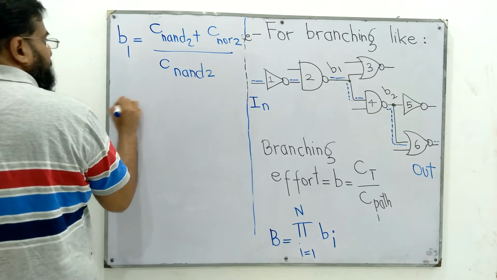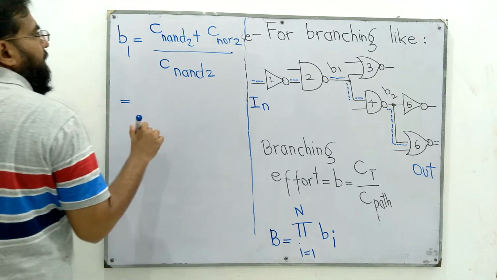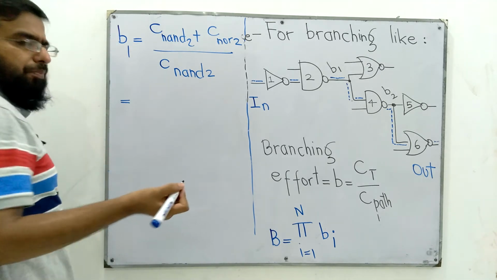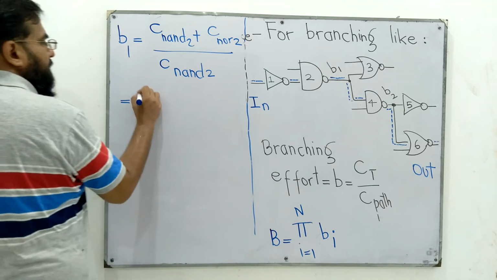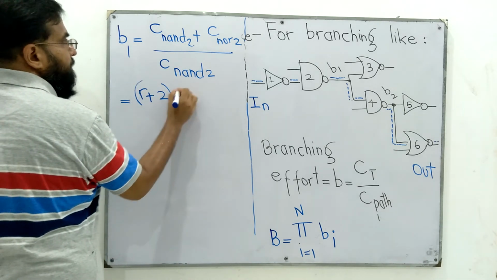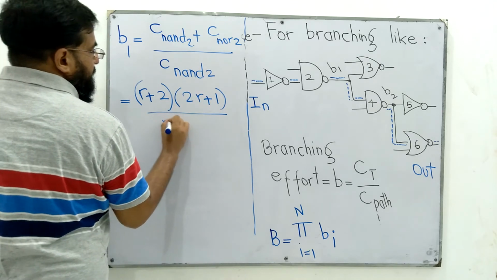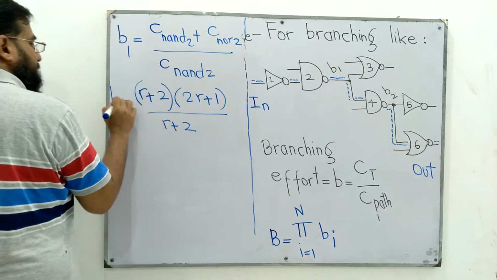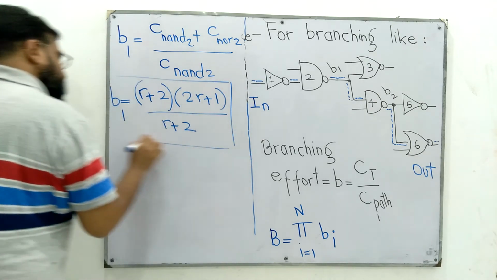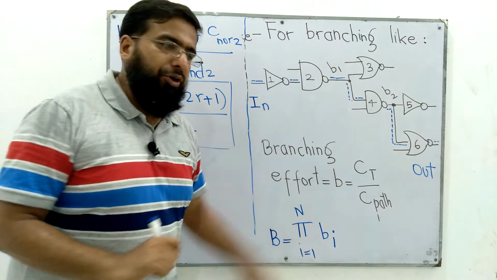We know that for NAND 2, the input capacitance we have computed in previous lectures, this is R plus 2. For NOR 2, this is 2R plus 1. For NAND 2, this is R plus 2. So this is the branching effort for node 1, B1.